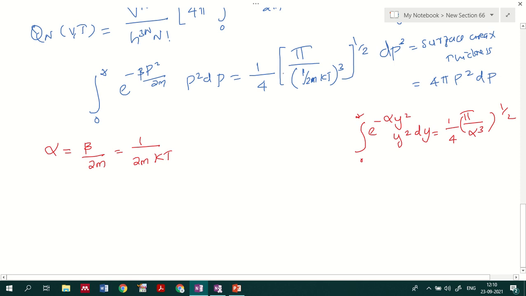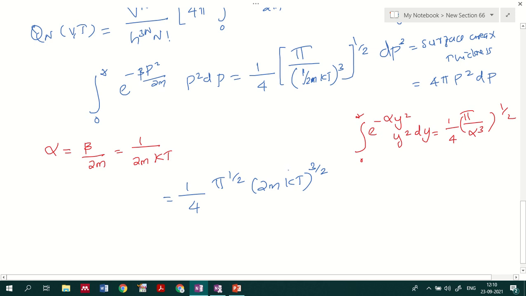So this is how it will come. Now if I represent this like this, that is 1 by 4 pi raised to 1 by 2 times 2m kT, if I just take this to the upside, I'll have 3 by 2.